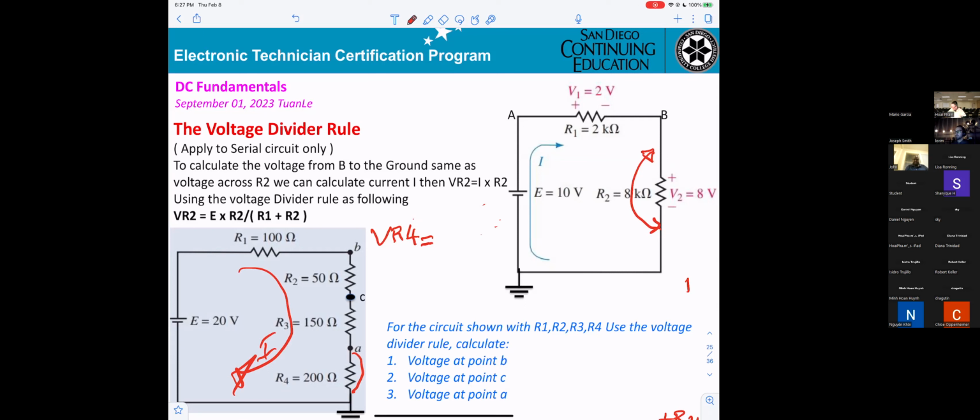Okay? Job can be done. However, what they said, they don't want that. So what does VR4 equal? You want E times R4.